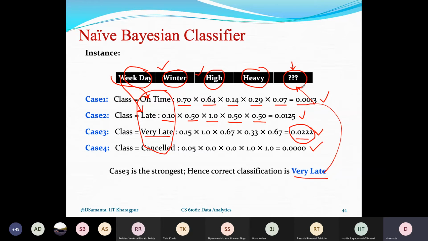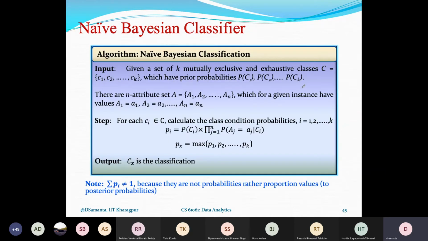Now, in a formal statement, we can tell the algorithm. This is the learning algorithm, so that a classification model can be learned. As you see, for every model there are model parameters. And what are the model parameters? The model parameters are the prior probabilities and posterior probabilities, which can be stored.